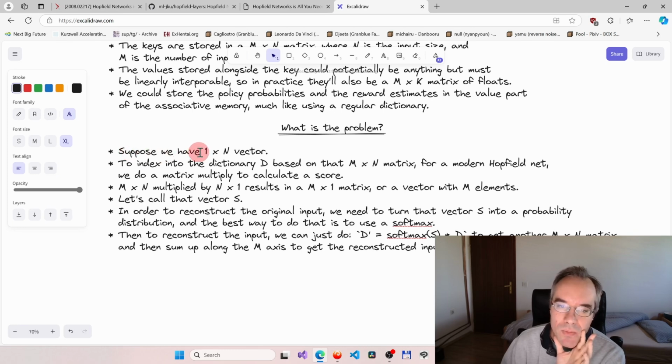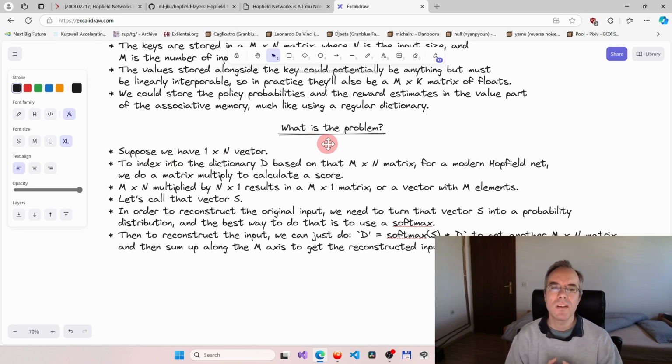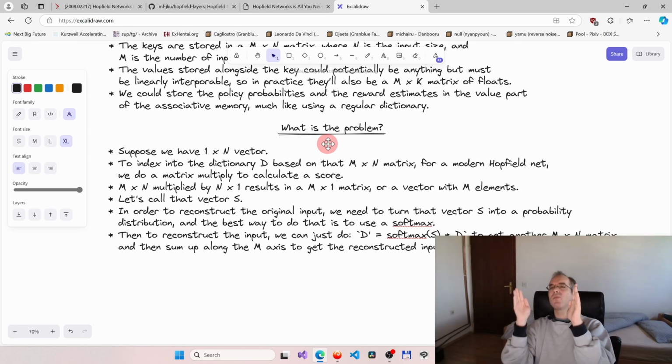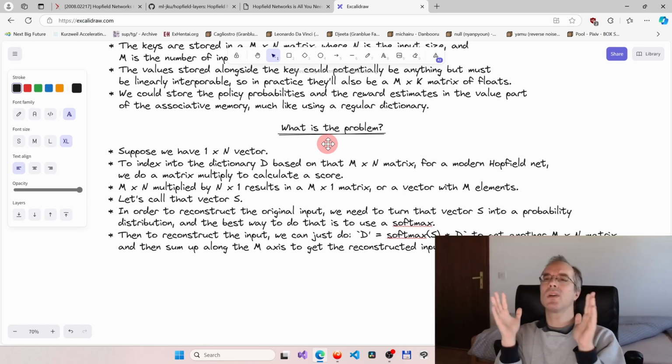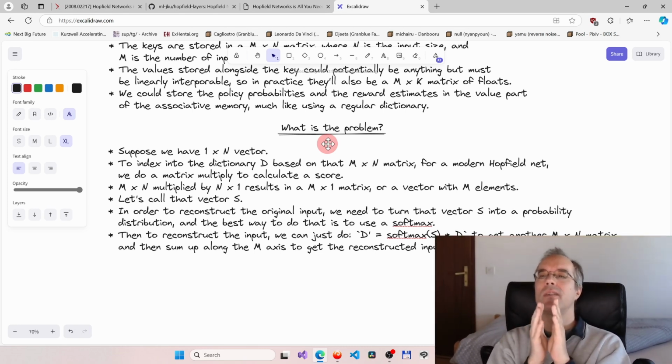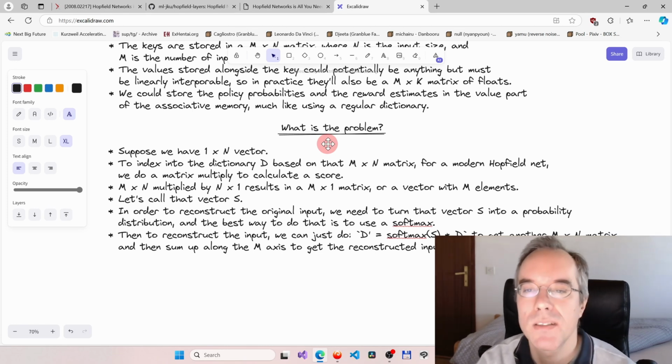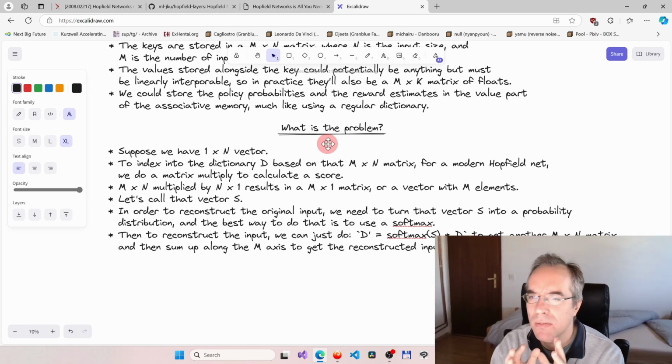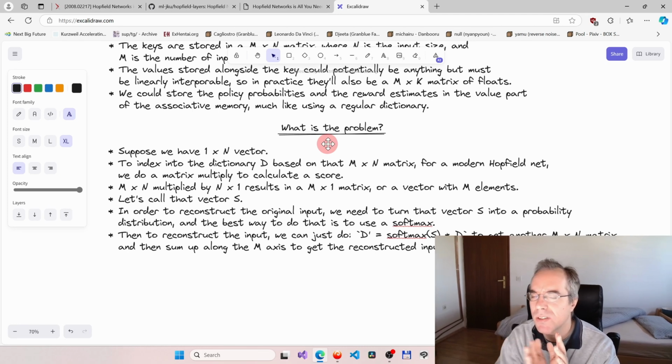Suppose we have a 1 by n vector. To index into the dictionary D, based on that m by n matrix, for a modern Hopfield neural net, we do a matrix multiply to calculate a score. Basically, if we have one vector and another, we can do a dot product in order to calculate how similar they are to each other. That's kind of like what a matrix multiplication does for multiple inputs.